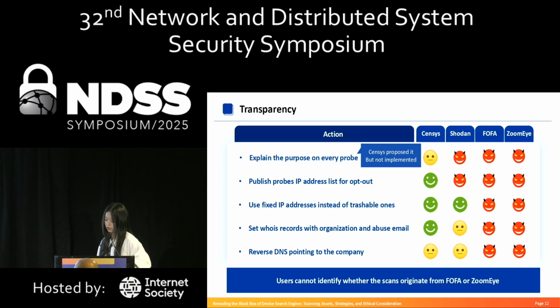FOFA and ZoomEye make it so users cannot identify whether the scans originated from FOFA or ZoomEye. The surprising thing is that although Censys proposed the first action, they did not implement it.